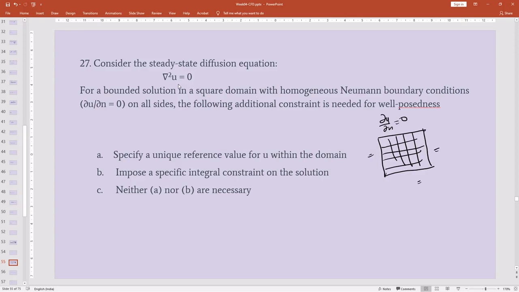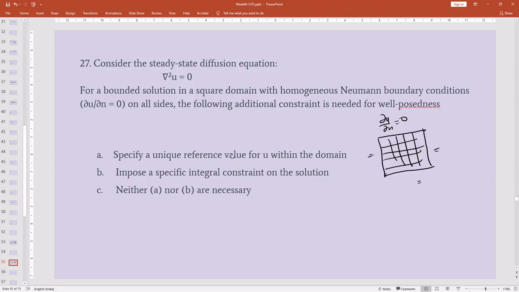We want to solve this steady state diffusion. Suppose we have a completely insulated container, and we ask how the quantity will be arranged inside that volume. Since Neumann boundary conditions are given on every boundary and there are no Dirichlet boundary conditions, what else is needed to satisfy well-posedness?